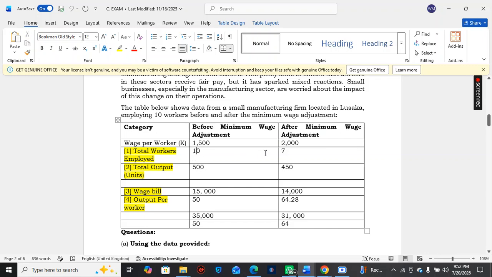After the minimum wage, 7 workers. Total output was 500 when there were 10 workers, and after, it was 450.